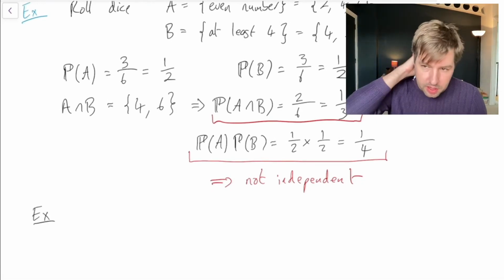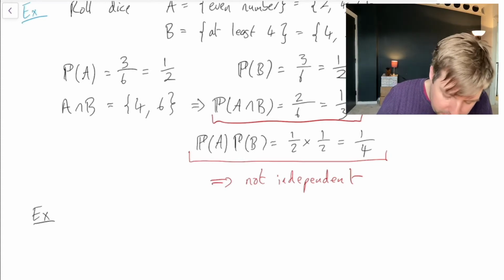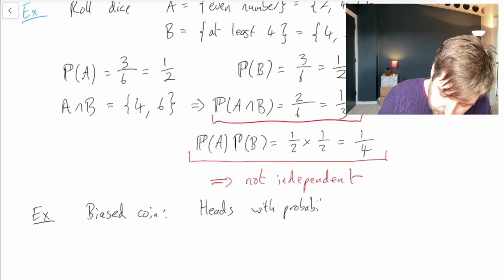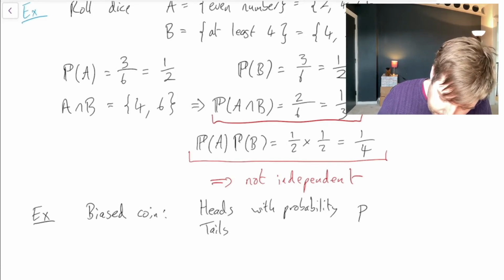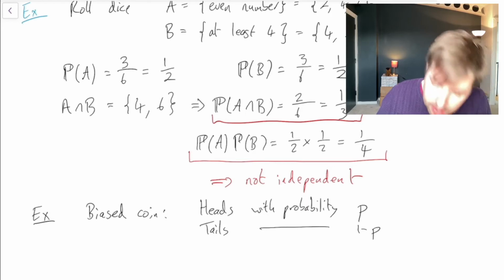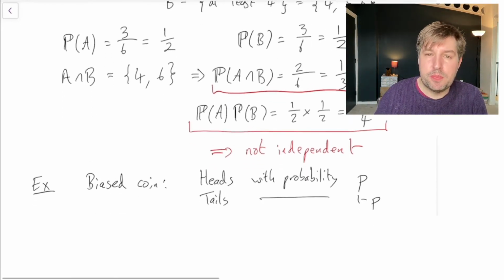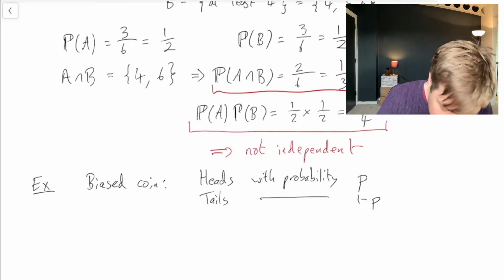Another example, let's say we have a biased coin that's heads with probability p, and tails with probability 1 minus p. And we're going to toss the coin 3 times, and what's the probability we get exactly 2 heads?